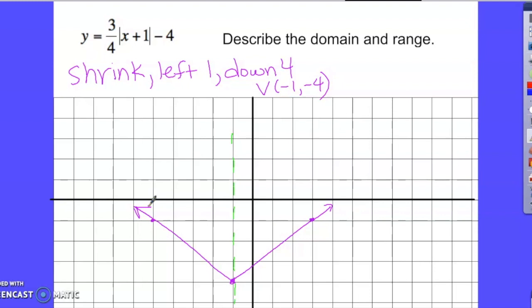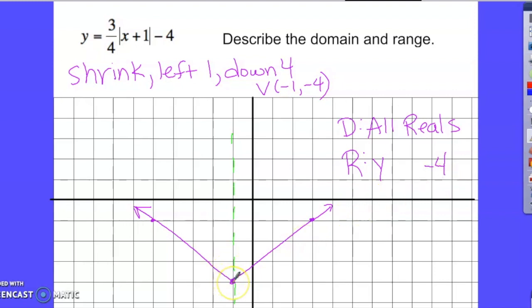So then the only other thing we have to do now is we need to do domain and range. Domain, once again, is all reals. For the range, the number part is going to be the y value of your vertex. So the y value of that would be -4. And then we have to decide, are the y values going to be bigger than -4 or smaller than -4?